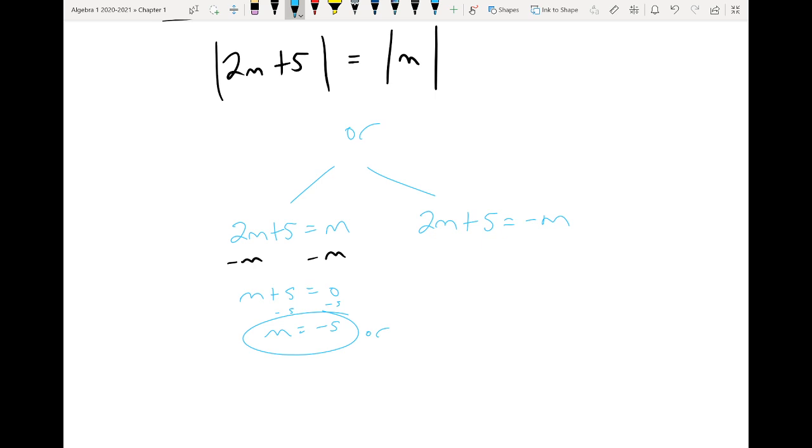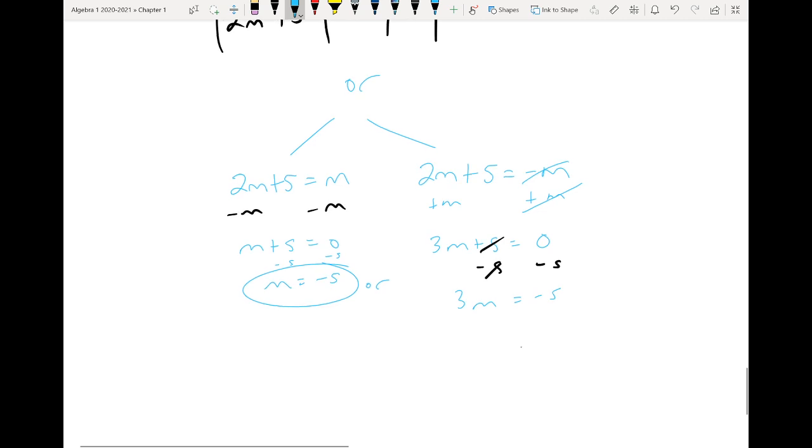Or, it's important that we put that disjunction there. Plus m, all right? 3m plus 5 is equal to 0. So I have to now do a two-step equation. Minus 5 cancels out. 3m is equal to negative 5. Divide by 3 on both sides.